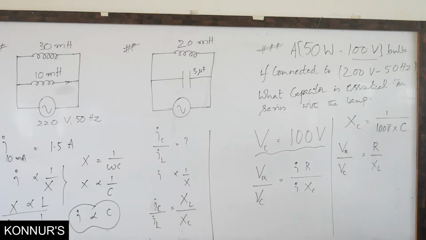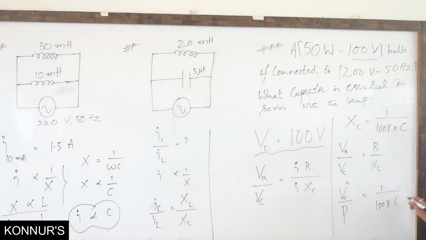And how do we write the resistance of a bulb? We know that R is V squared by P, using the rated values V naught squared by P. The resistance of a bulb is equal to 1 by 100 pi C. Now all the values are given. V naught is 100 and power is 50 watt.